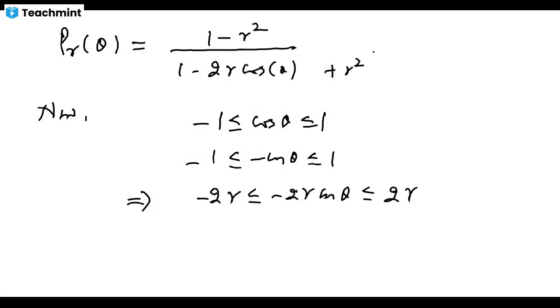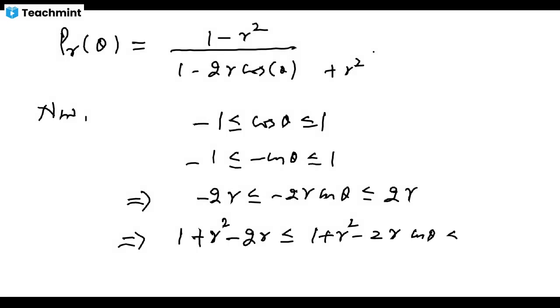Now let us add 1 plus r square throughout this inequality, because adding a number to an inequality of real numbers doesn't change the inequality. It is a positive number, but even if it had been negative the inequality wouldn't have changed. So 1 plus r square minus 2r is less than or equal to 1 plus r square minus 2r cos theta, which is less than or equal to 1 plus r square plus 2r.